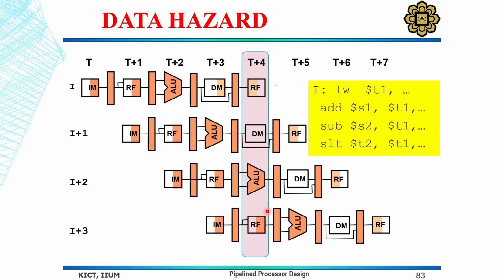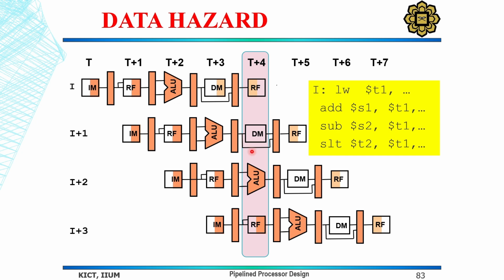Okay, if you remember the presentation, let's say we have four instructions: load word into $T1, then add using $T1, then subtract using $T1, and then set less than, and again $T1 is being used. So we can see that all these instructions involve the same register, which is $T1.